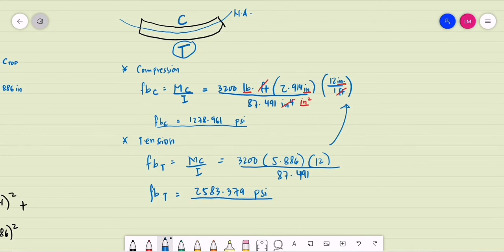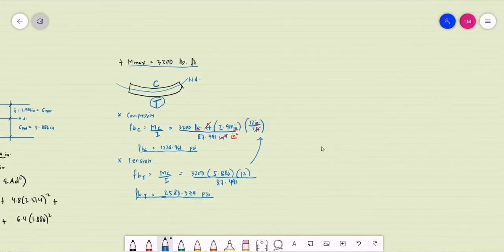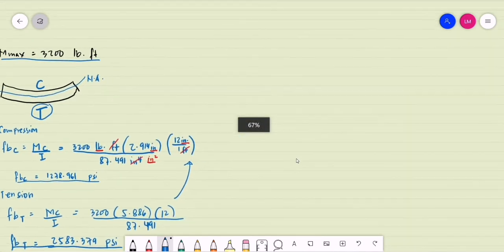Okay, so these are the stresses in tension and compression considering the maximum positive moment. The maximum positive moment is 3,200.